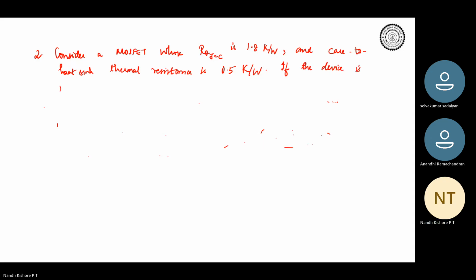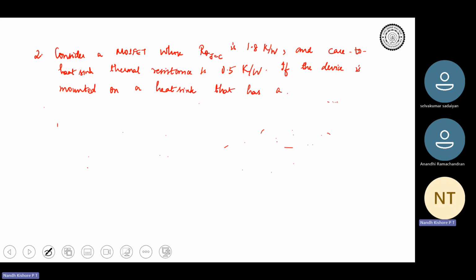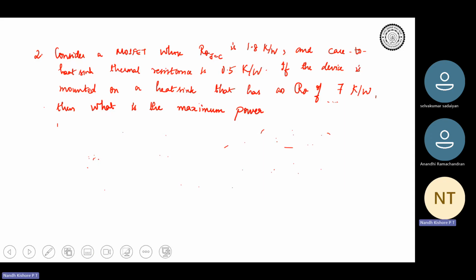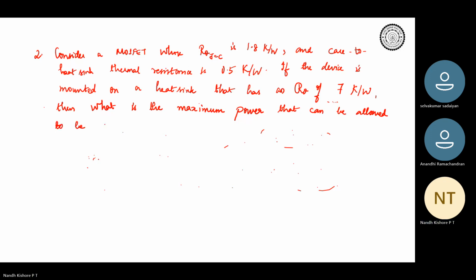If the device is mounted on a heat sink that has an R theta of 7 Kelvin per watt, then what is the maximum power that can be allowed to be dissipated?